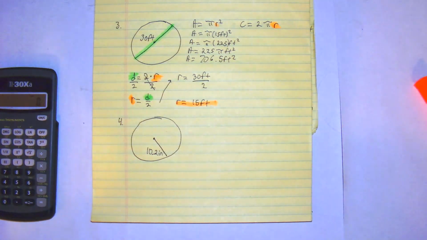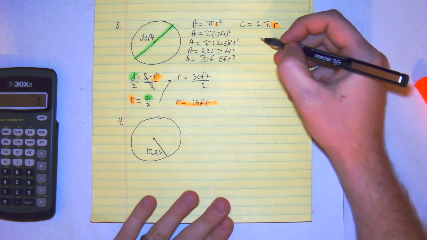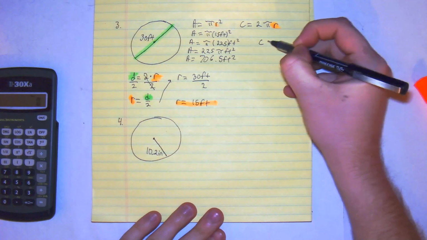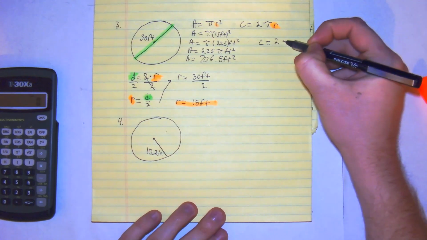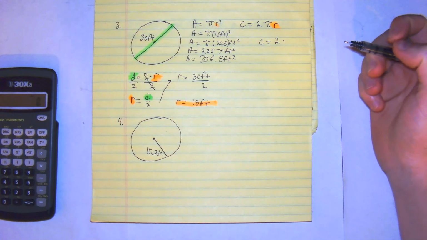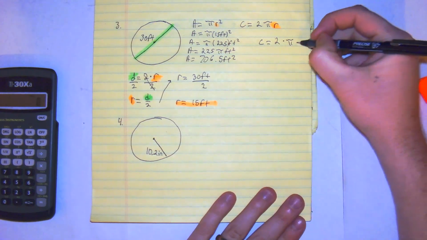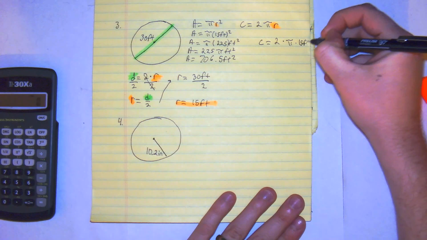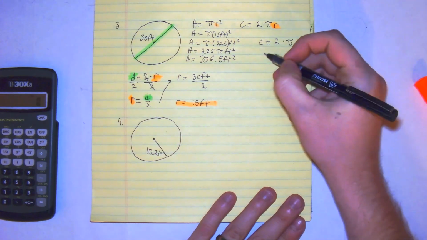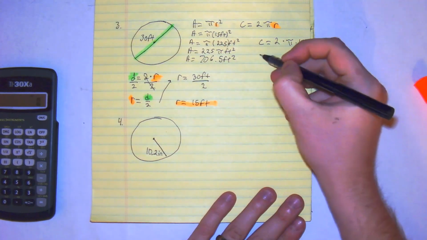Right here, for circumference, we have the following. We have r right there, so C is equal to 2 times pi times 15. 2 times 15 gives you 30. Look, that's our diameter.